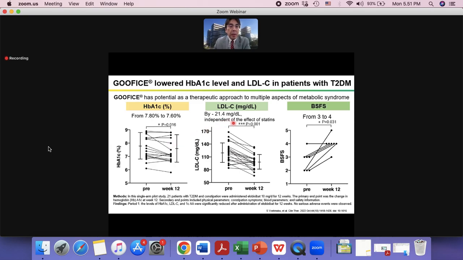And bile acid is made from cholesterol, so the increasing bile acid in the colon suggests decreased LDL cholesterol. As you can see here, after taking Elobixibat for 12 weeks, serum LDL cholesterol went down significantly.